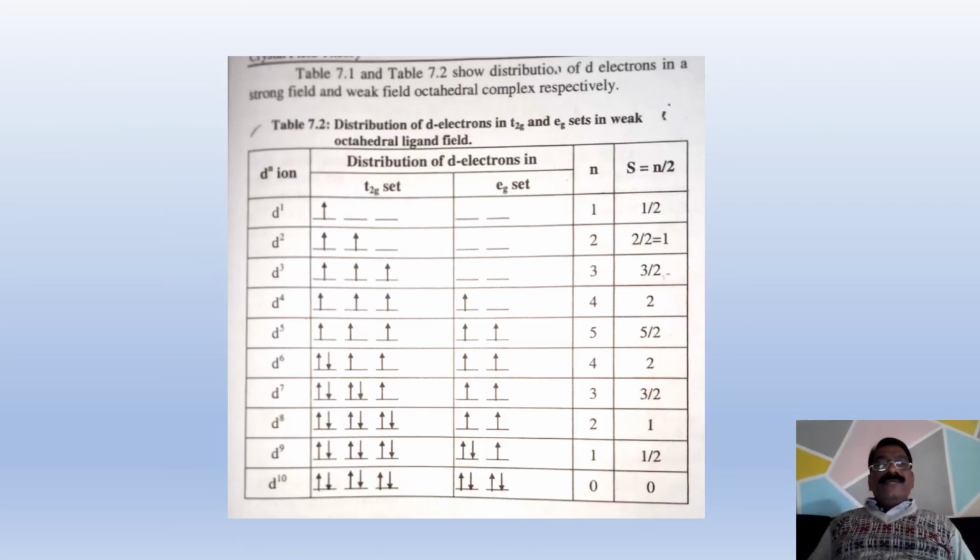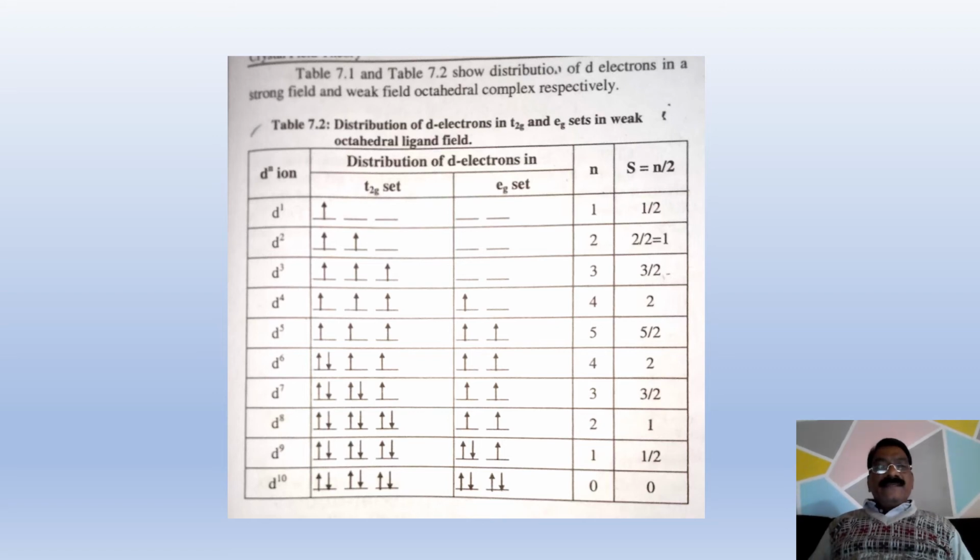Here we are going to see the distribution of d electrons in t2g and eg sets in a weak octahedral field. See, in the weak octahedral field, up to the d3 system filling is as usual. For the d4 system, the electron will not get paired but enters the eg orbitals. For the d5 system also the next electron enters the eg orbitals.